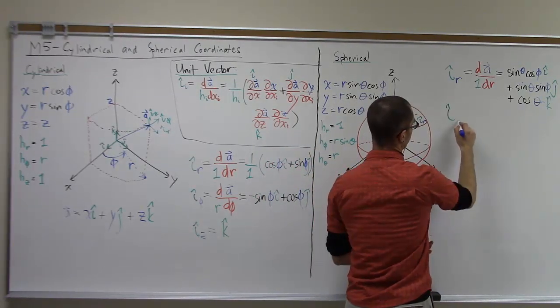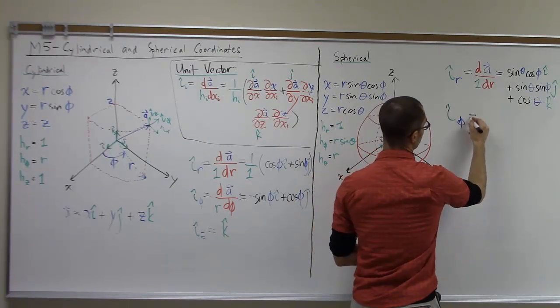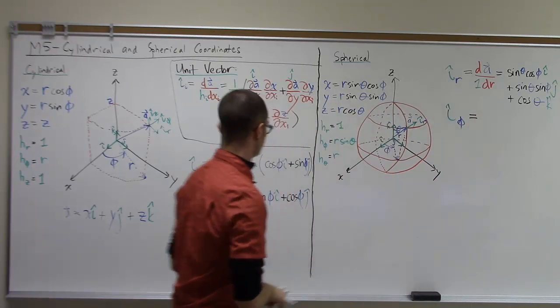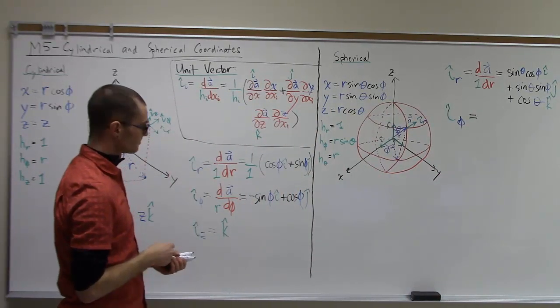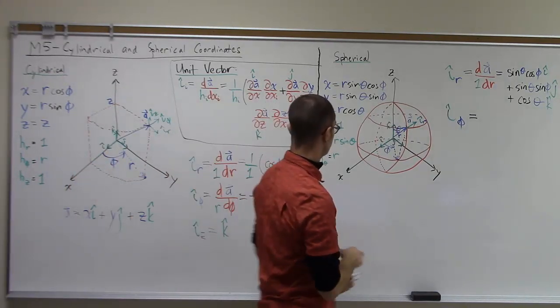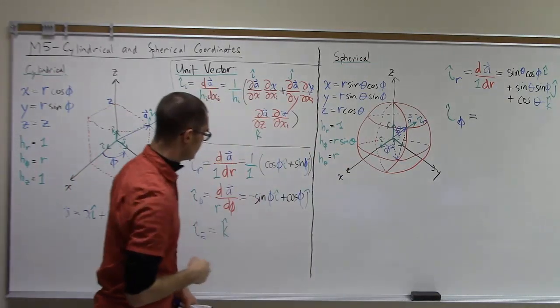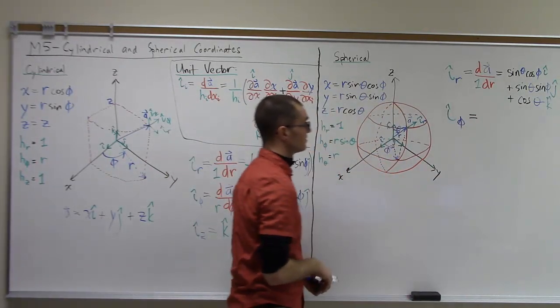i sub phi in the spherical coordinate system, we'll find actually works out to the same as what it was in the cylindrical coordinate system. Because the scale factor in this coordinate system is r sine theta, the sine thetas are going to cancel out when we work out these derivatives.